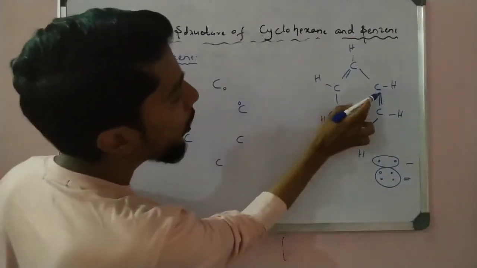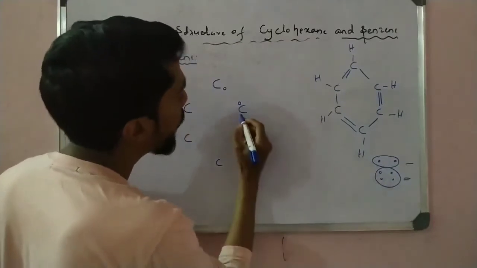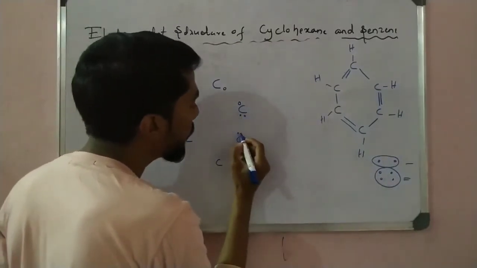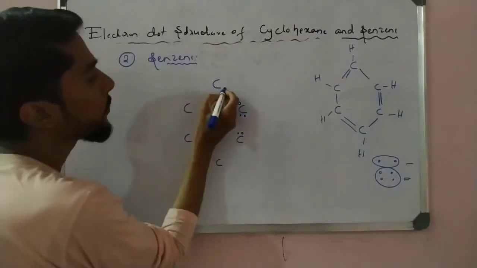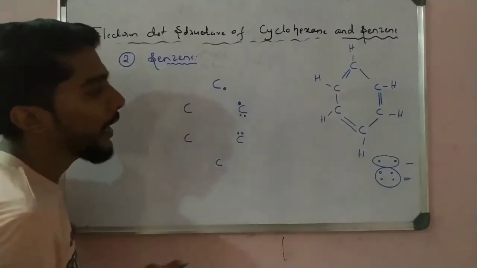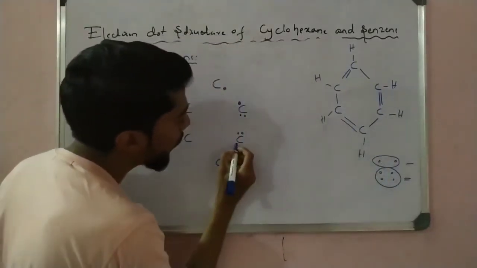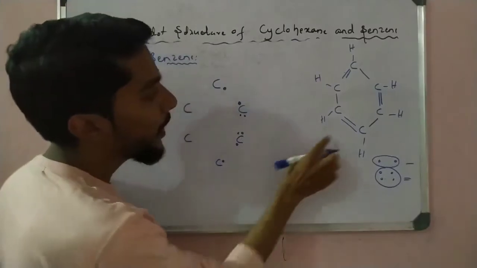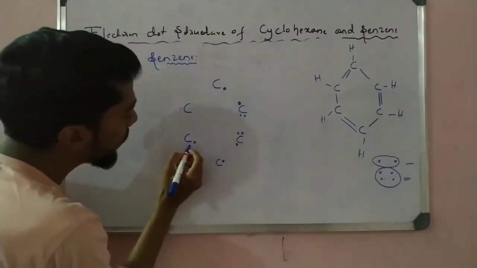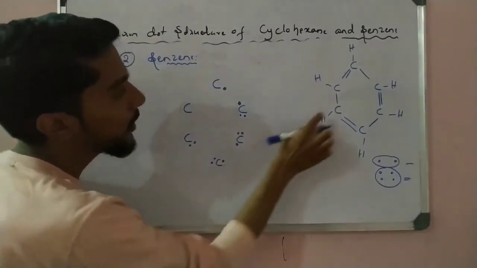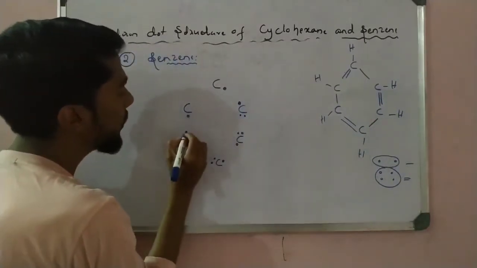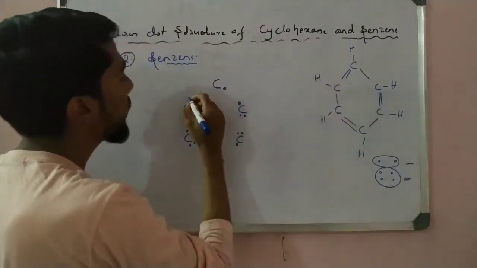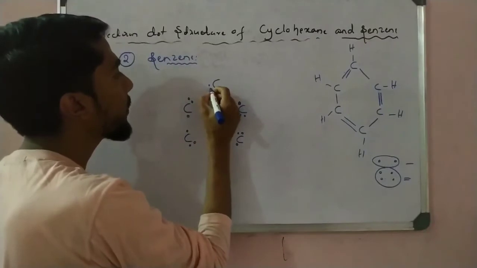Next here, double bond means 2 electrons from this carbon and 2 from this carbon, correct? Again here, single bond means 1 from this and 1 from this. Double means again 2 from this carbon and 2 from this carbon. Single is there, single means like that. Double means like that and like that.